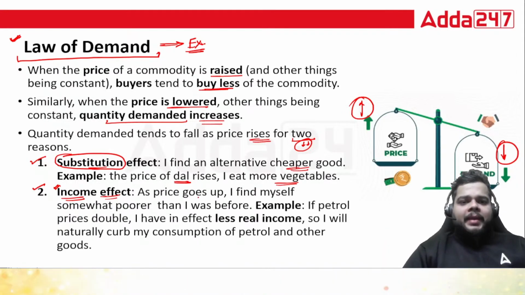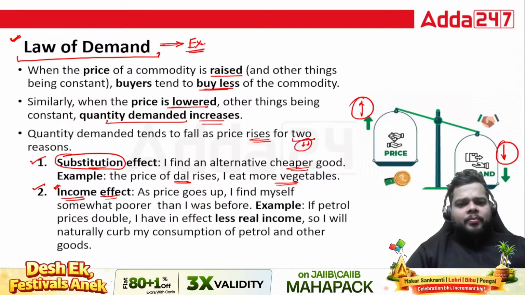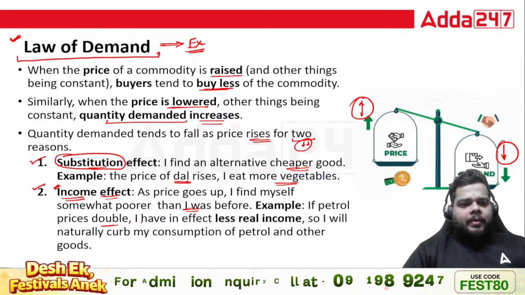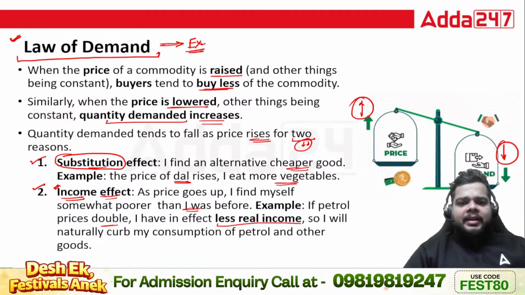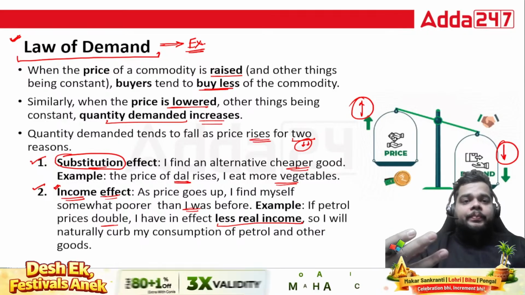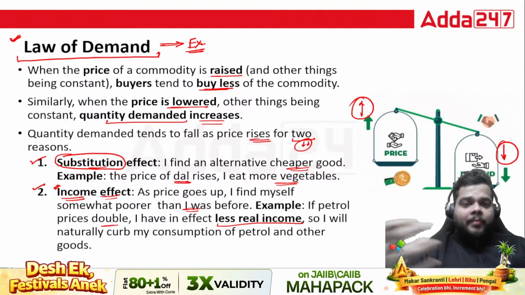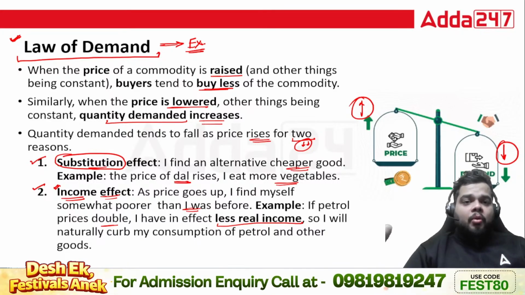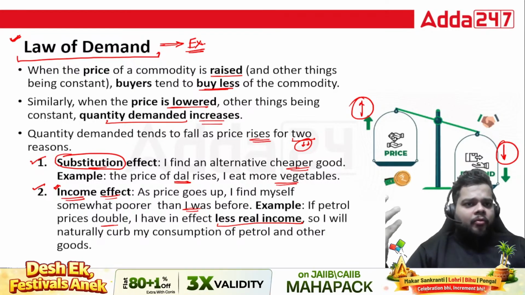So as price goes up, I find myself somewhat poorer than I was before. If the petrol price is doubled, I have in effect less real income. I have to spend my income wisely. I have to provide for my family. I have to earn some more money in order to compensate for the increased prices of petroleum. But that I won't be able to do. Why?